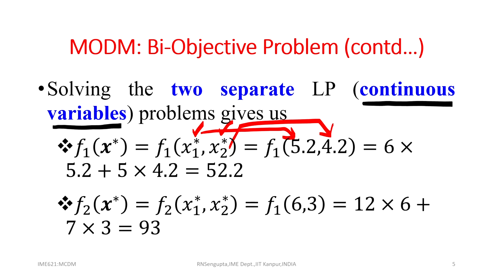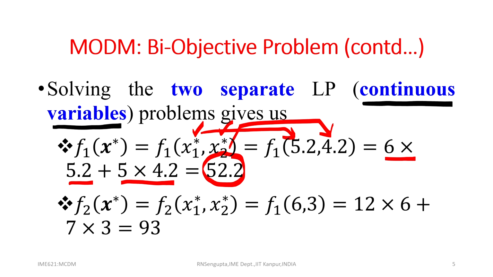Putting those into the objective function 6 x1 plus 5 x2, it is 6 into 5.2 plus 5 into 4.2, and the value comes out to be 52.2.